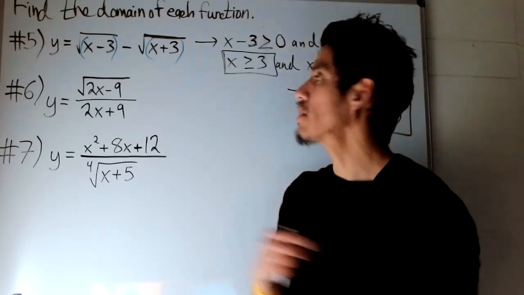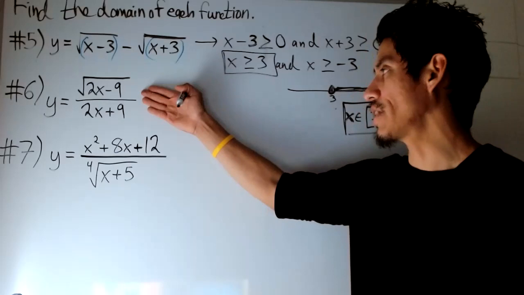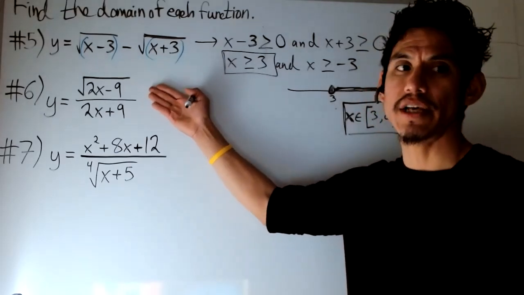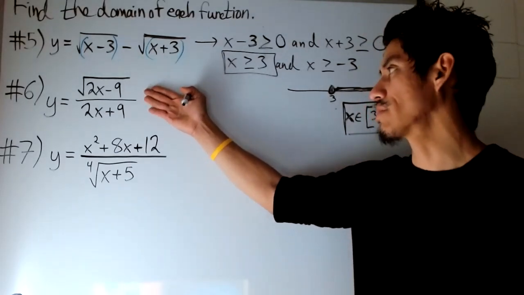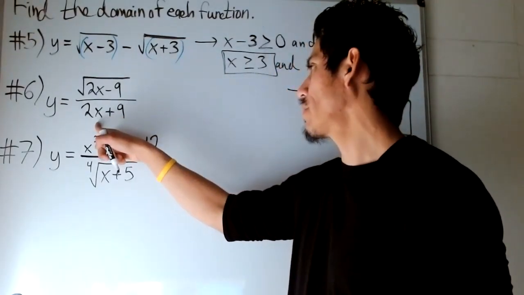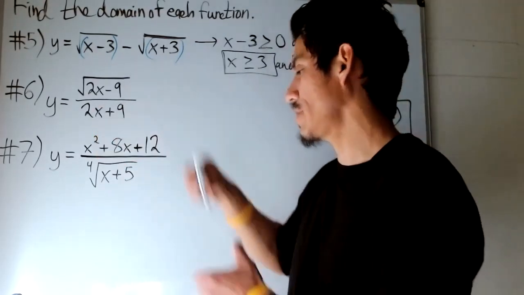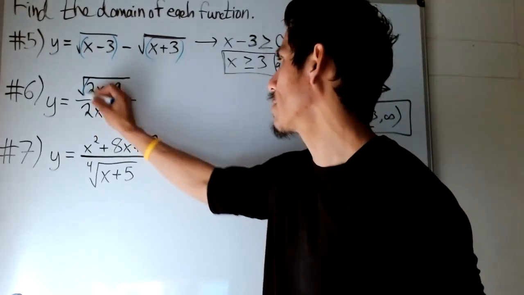All right, so number 6. Okay, to the top, again, we just want to make sure that it stays 0 or greater. And same thing with the bottom. Actually, the bottom just can't be 0. So we basically need two things, actually.